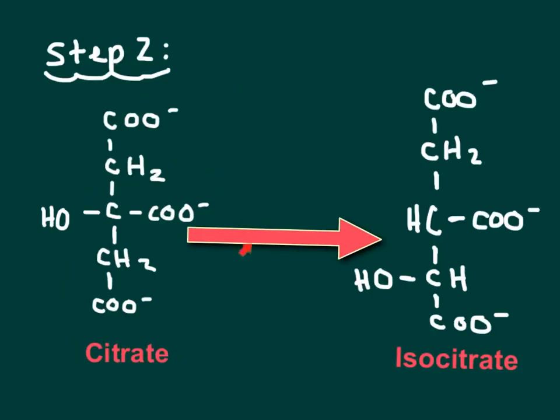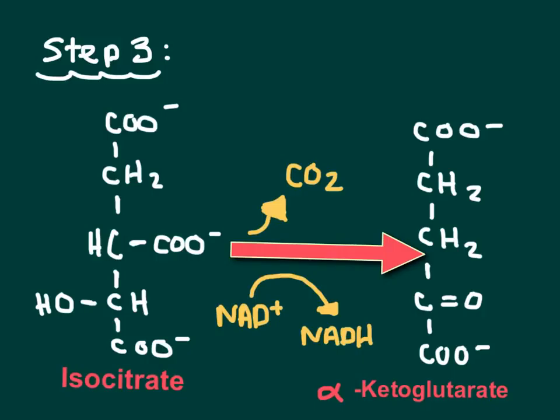Citrate undergoes an isomerization to form isocitrate, which is required for the next step of the Krebs cycle. Isocitrate, seen on the left here, undergoes a redox reaction where it is oxidized into alpha-ketoglutarate. An NAD+ ion from the mitochondrial matrix is reduced into the coenzyme NADH.